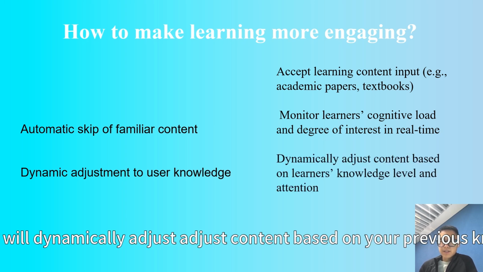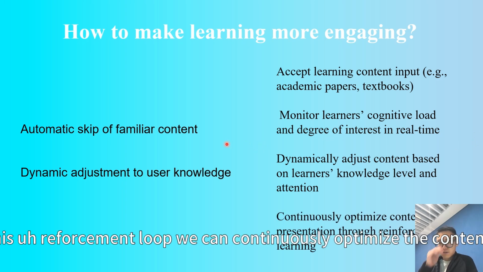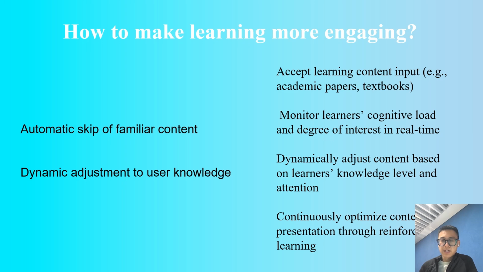Based on this data, it will dynamically adjust content based on your previous knowledge level and your attention. And through this reinforcement loop, we can continuously optimize the content presentation.